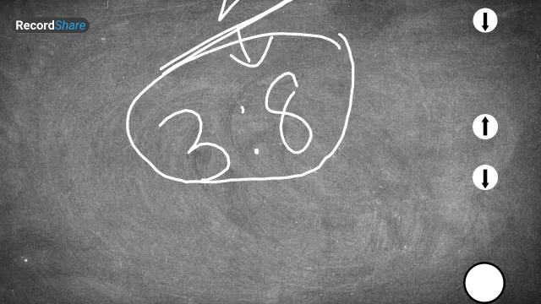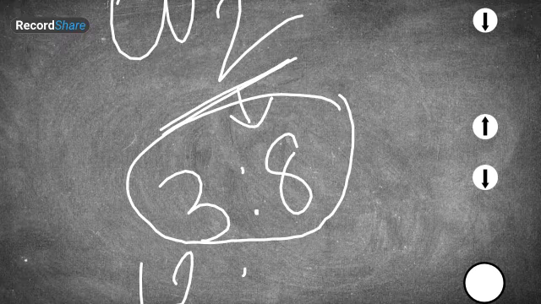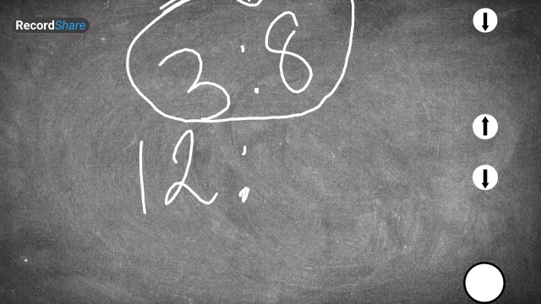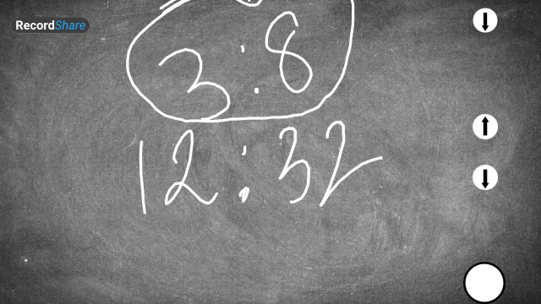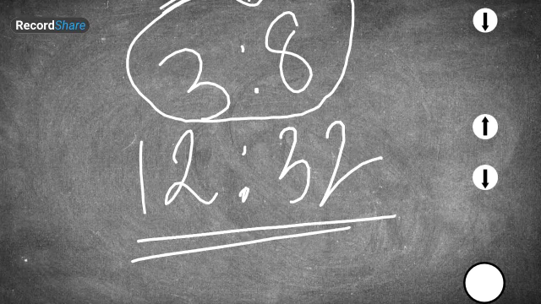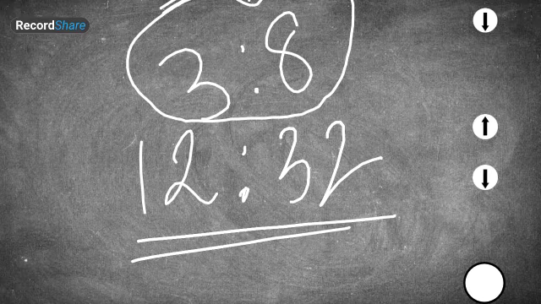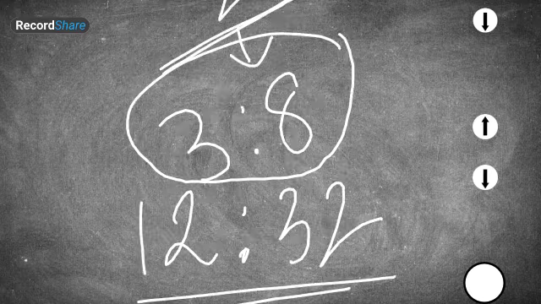Because carbon's mass is 12 and we are having 2 oxygens, so that will be 12:32. So we will get here 3:8. This is the ratio of carbon to oxygen by weight in carbon dioxide.